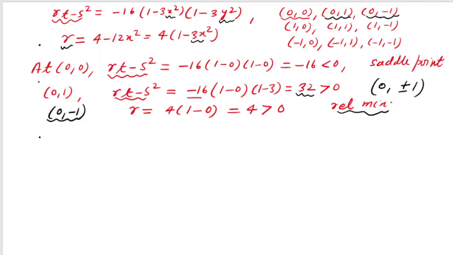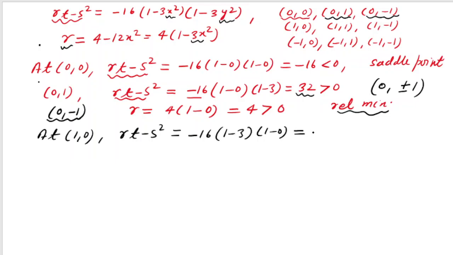Now if you talk about a point at 1, comma 0, so at 1, comma 0, what will be rt minus s square? So rt minus s square here is minus 16, 1 minus 3, because I take x is equal to 1 and y is equal to 0, so 1 minus 0. So again I got 32, that is greater than 0.